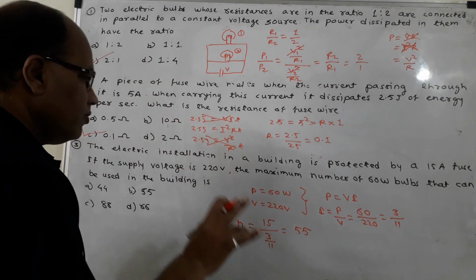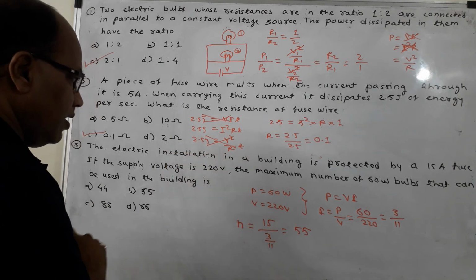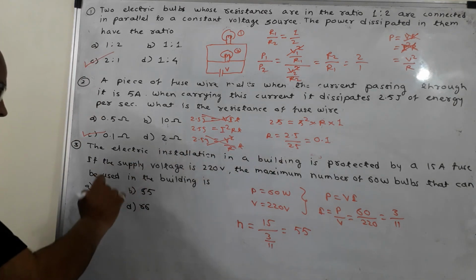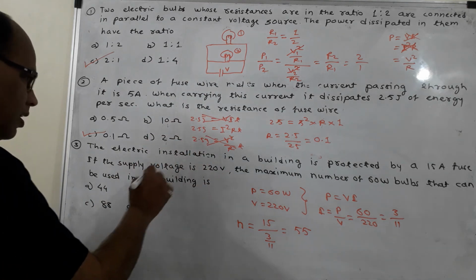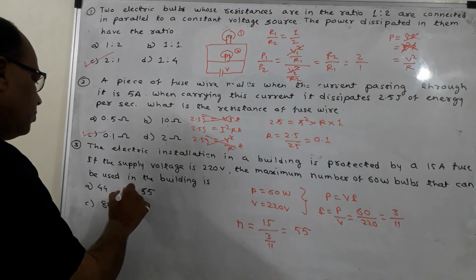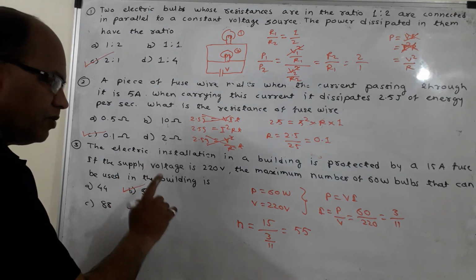So 55 bulbs can be provided for in that building in which a fuse of 15 ampere capacity is provided. So option B is the correct option, which is 55.